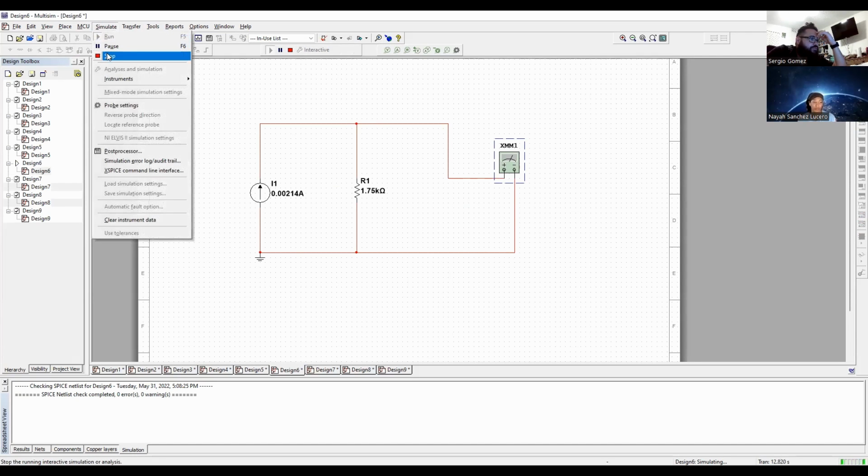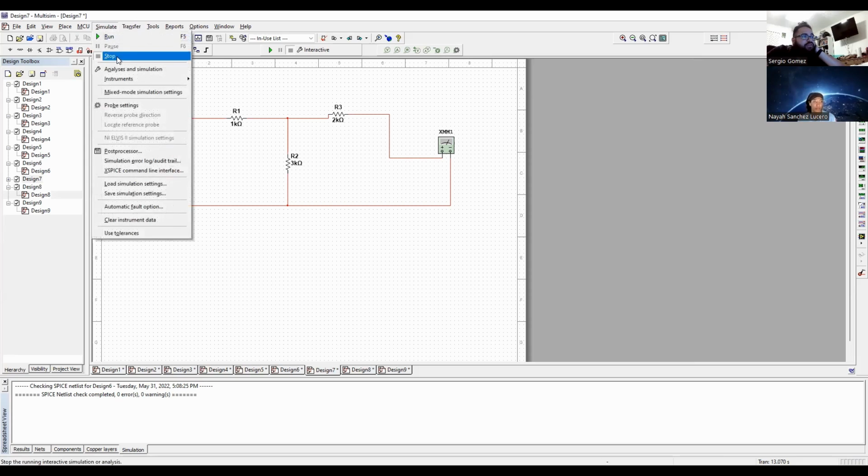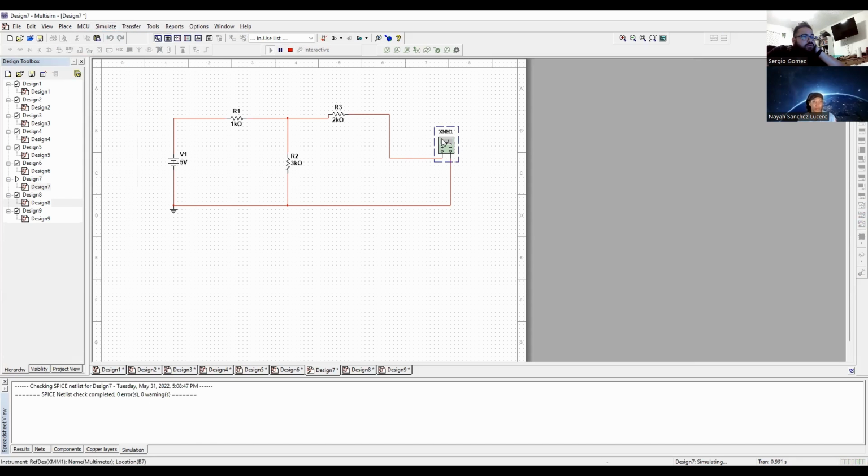Now I'm going to turn off the simulation, and this will be 1B, where we switch the resistance over to 2 kilo ohms. And if we run the simulation, we have 3.75 volts, which falls in line with what we were saying earlier. And then lastly, we'll turn off the simulation.